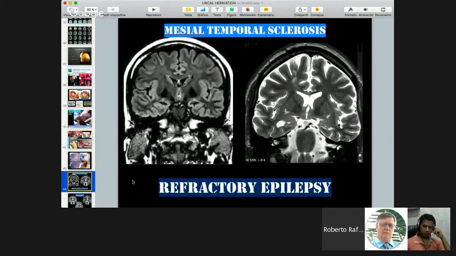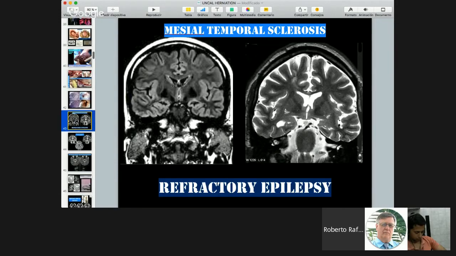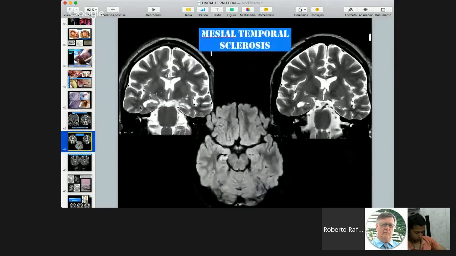And when the patient grows up, we could see this mesial temporal sclerosis. Here you can see the typical sclerosis in the hippocampus that we treat in many cases secondary to refractory epilepsy. This is a very known lesion of the hippocampus, and most of them could be produced during delivery.